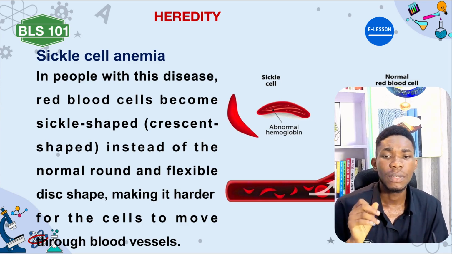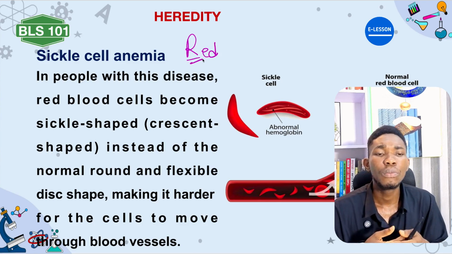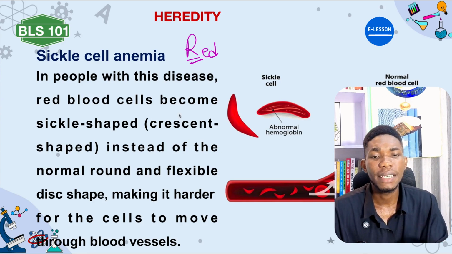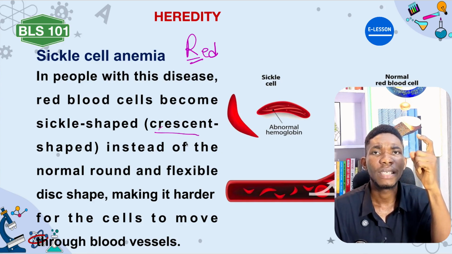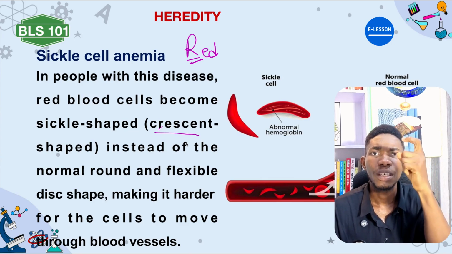Now, in people with this disease, what actually happens? We have different blood cells. The red blood cells are supposed to look like donuts. They become sickle shaped or crescent shaped. Sickle, as used for harvesting mango and the rest from trees in agriculture. It becomes sickle-like.